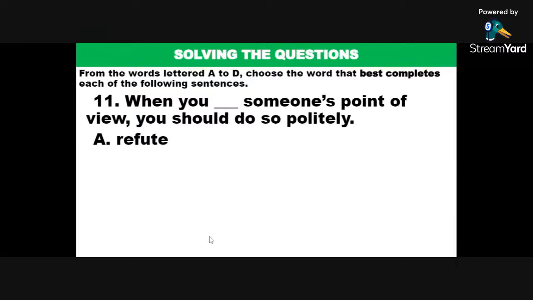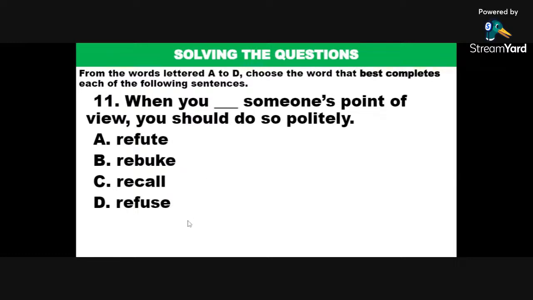11. When you dash someone's point of view, you should do so politely. Option A, refute. B, rebuke. C, recall. And D, refuse. The appropriate option is refute. When you refute someone's point of view, the meaning of refute here is disprove or prove to be false.